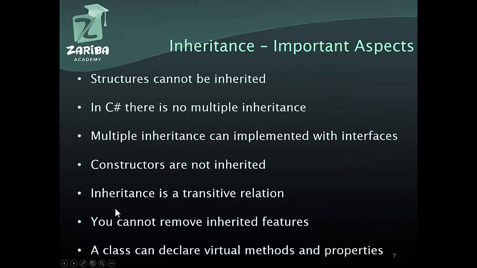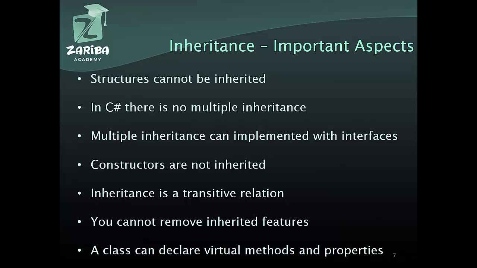Okay, you cannot remove inherited features. So let's say that I want to have a bunny which doesn't have a name in my specific example. You cannot do this. Okay, you can set it as an empty name or something like that, but in general, whatever you have in your base class or in your parent class, you have the same thing in your child class, and you cannot change that.